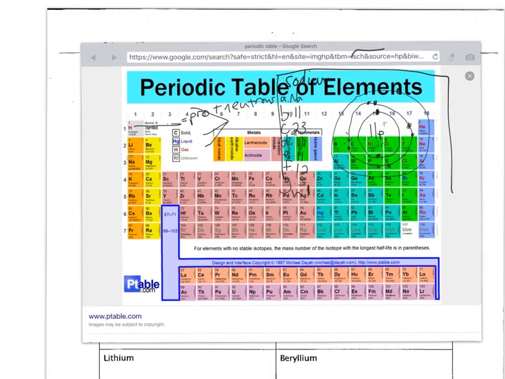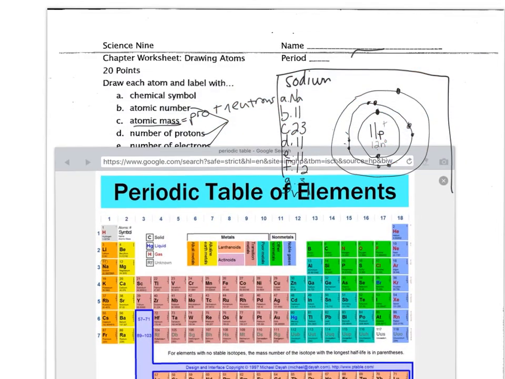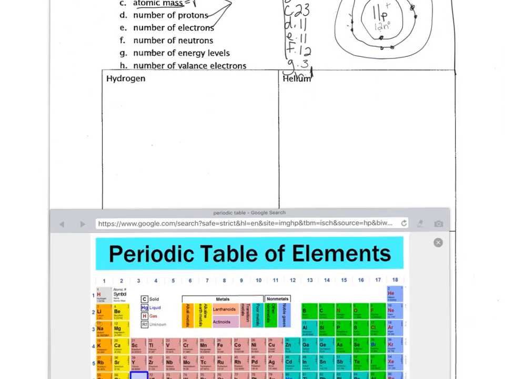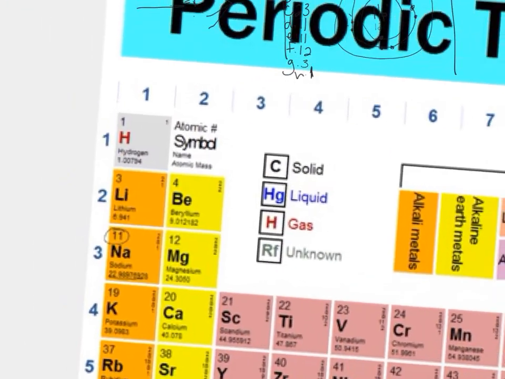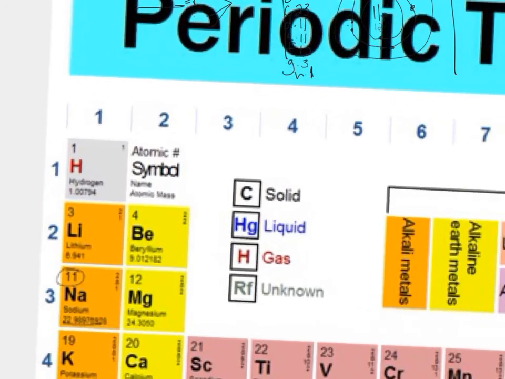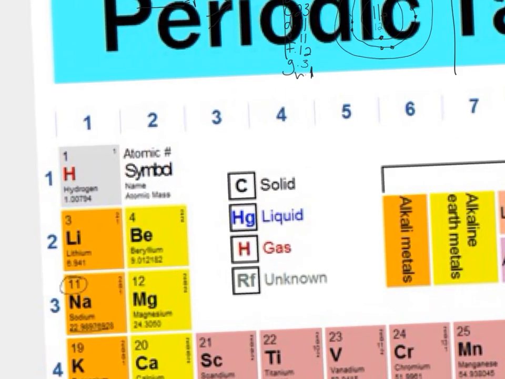And remember, you can always double check this information with the periodic table. If I'm doing sodium, sodium has an atomic number of 11, atomic mass of 23. I can double check that. If I want to check my valence electrons, my G and H, remember, the period will tell you valence electrons.